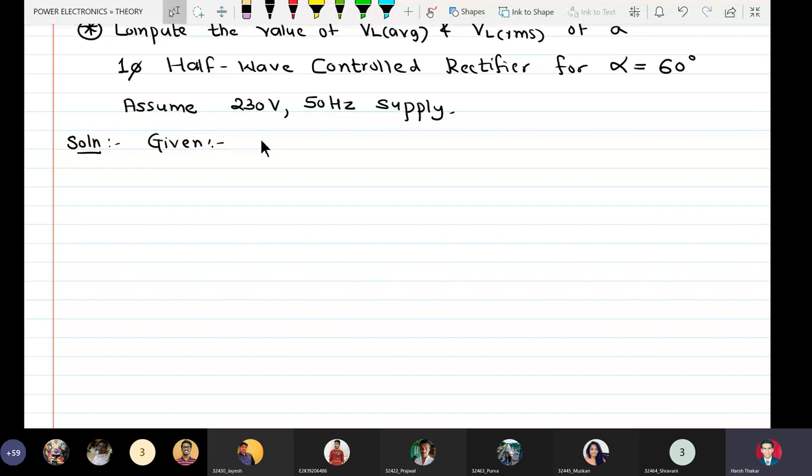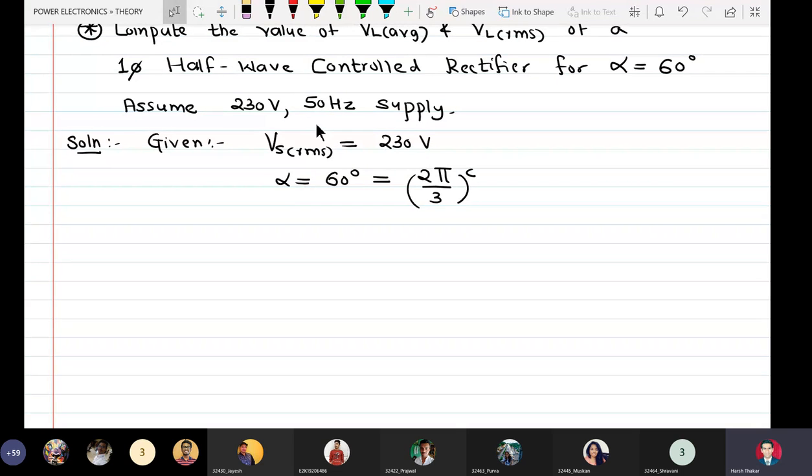Given Vs RMS equal to 230 volt, alpha equal to 60 degrees, which is also equal to pi by 3 radians, right?